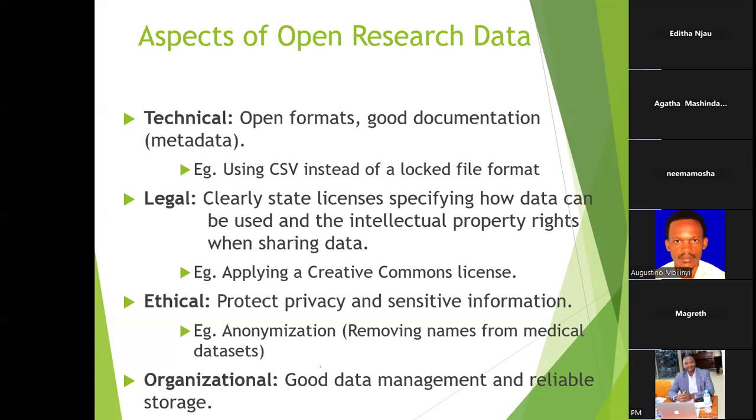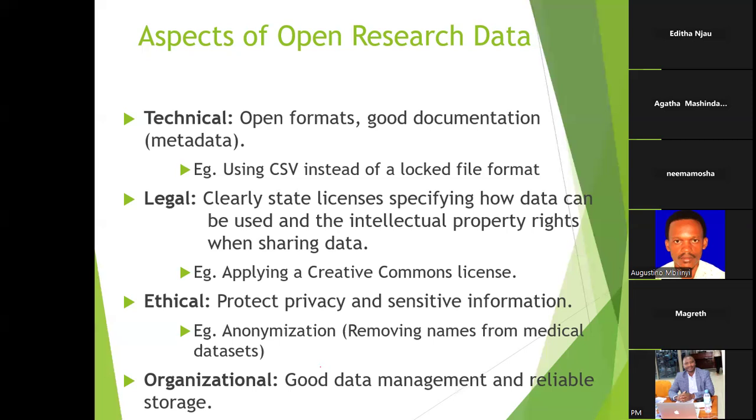Also, another aspect is legal. This is a clear statement of the license specifying how data can be used and the intellectual property rights when sharing data. An example is applying a Creative Commons license. The other aspect is ethical. The ethical aspect protects privacy and sensitive information.